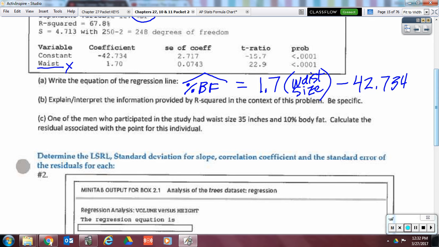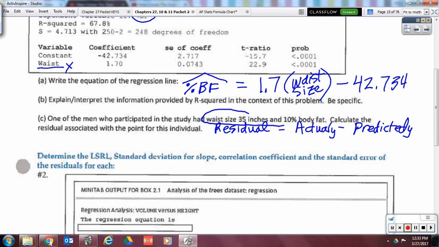So how do I compute a residual? Good. Residual RAP. R-A-P. Residual R equals actual minus predicted. Actual Y minus predicted Y. So this information, a waist size of 35 and a 10% body fat, what is that?